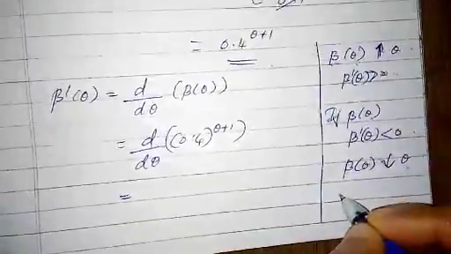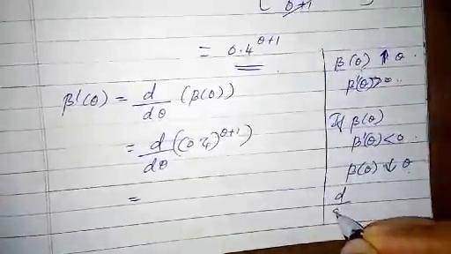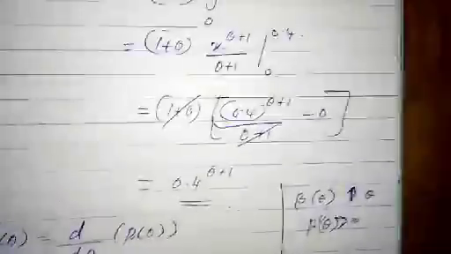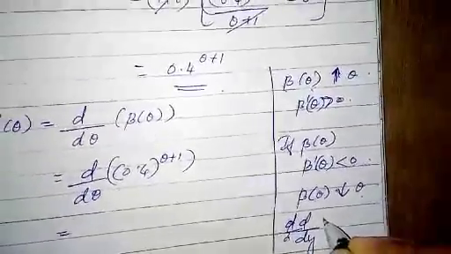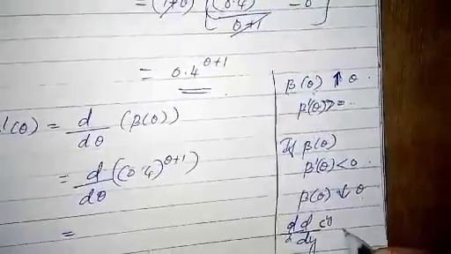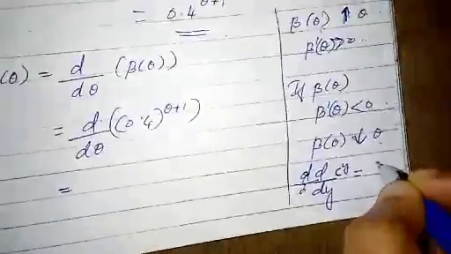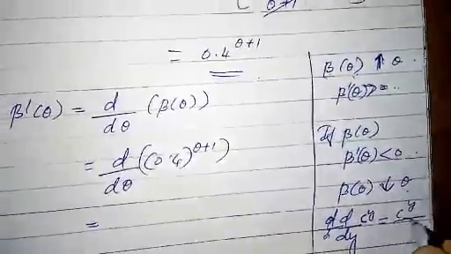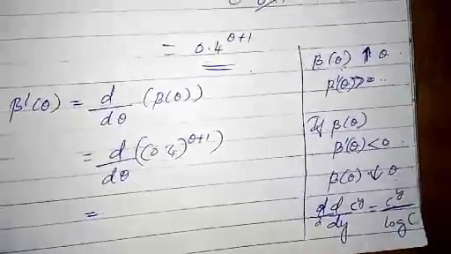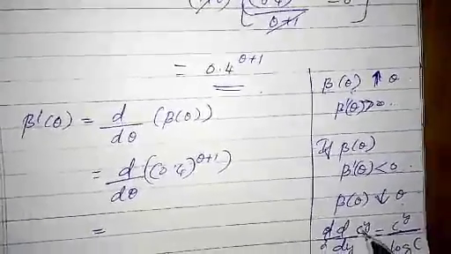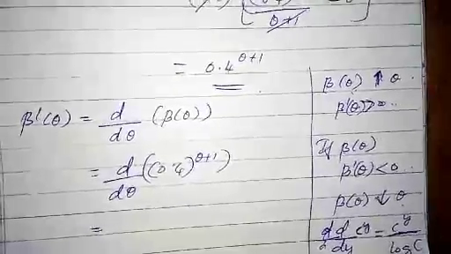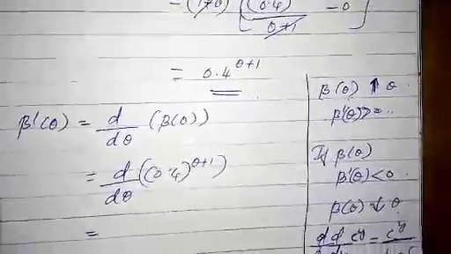What is the differentiation of d by dy of c power y? It is equal to c power y divided by log c, right? Differentiate with respect to y, it equals c power y divided by log c.